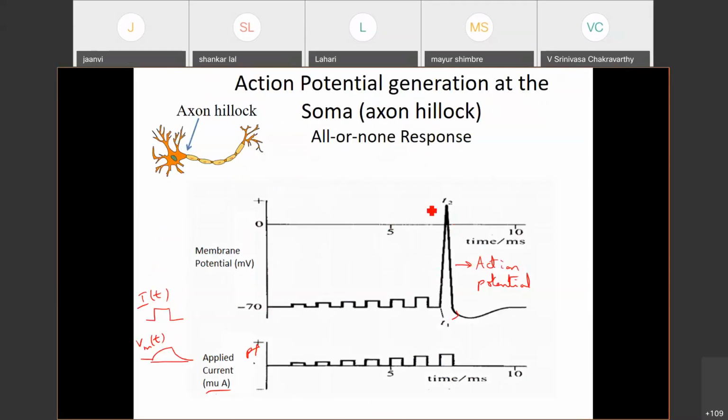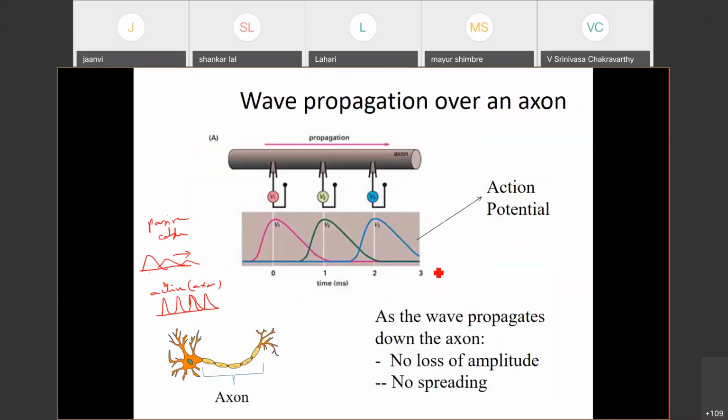That means its amplitude is almost fixed, roughly about 100 millivolts, because it goes to about plus 30 on the positive side. And the duration of the signal in time is about 1 millisecond. It varies, but 1 millisecond is a typical figure in animal nervous systems or neurons.